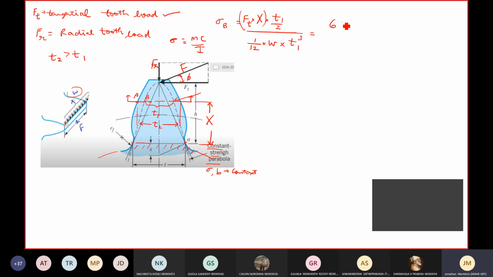This brings us to 6 Ft X, where X is the distance from where you are considering the load to your section of interest, divided by W T1 square. Similarly, you can write sigma A as 6 Ft X divided by W T2 square.